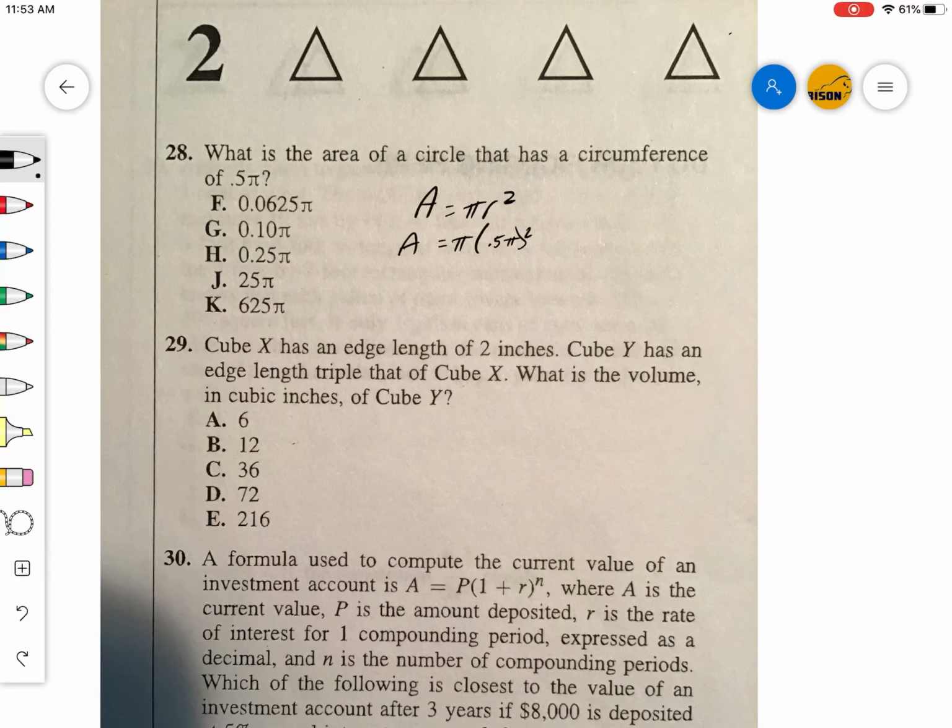All right, gave me 7.75. Okay, that's not any of my answer choices. Let me make sure that typed in right. 0.5 pi squared times pi. Yeah, 7.75. All right, so what I can do is take my answer choices and turn them into decimals. 0.0625 pi.